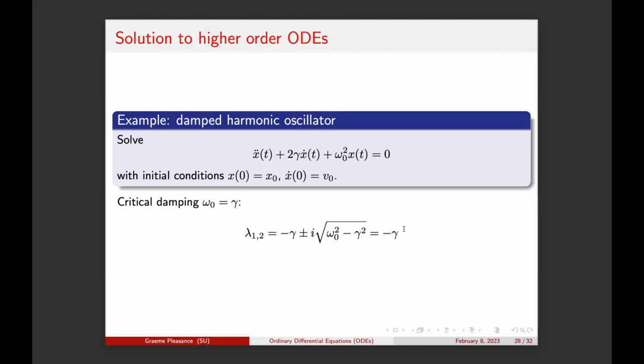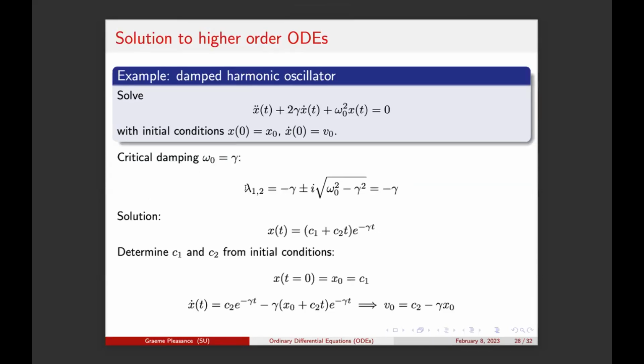In this case, the 2 roots of the auxiliary equation are degenerate, so they're the same, and that's just due to the fact that the second term is 0. To solve the ODE in this case, we then adopt this modified solution, which is just the same as the solution I gave in the previous slide.